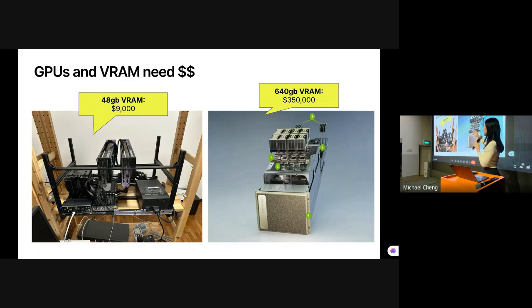Here we see that, for example, this simple home rack was 48 GB VRAM at $9,000, which the cats unfortunately got into, and it is now decommissioned. On the other hand, we also have this server rack, which is 640 GB VRAM at $350,000. I do not have that kind of money, so this is just a distant dream for us.